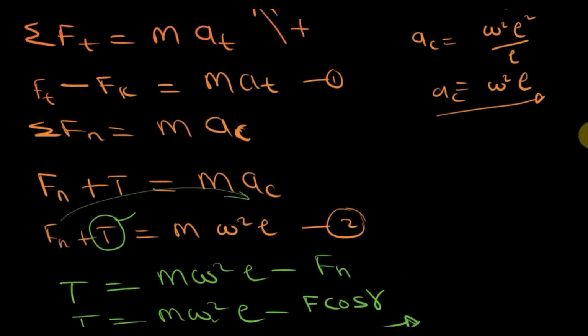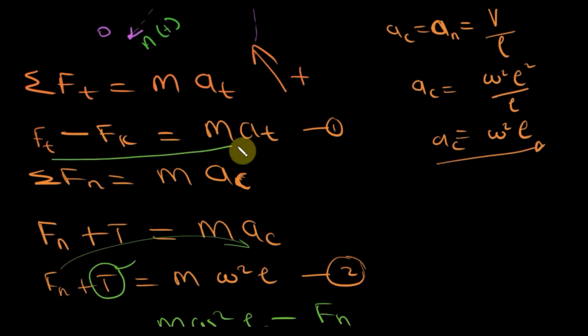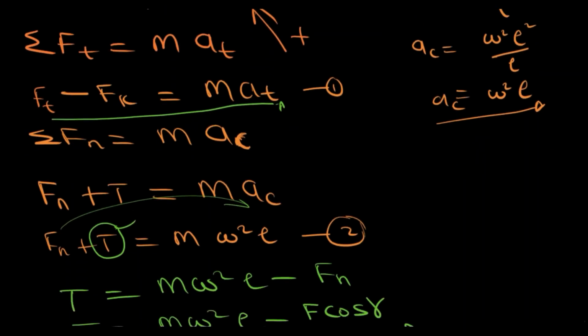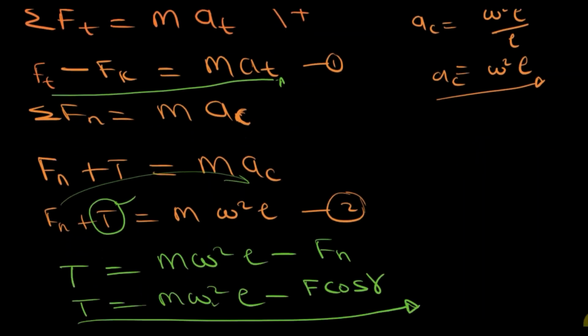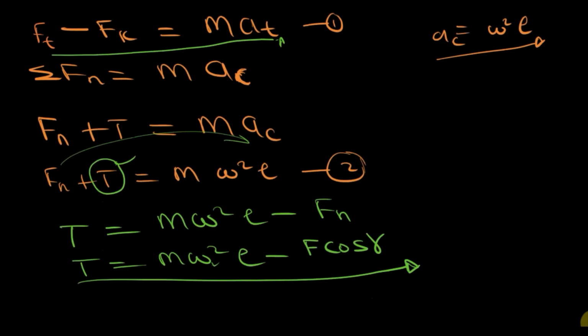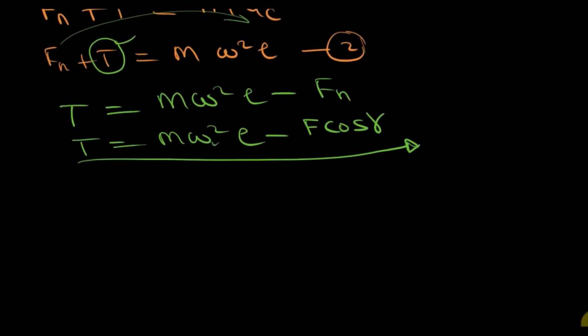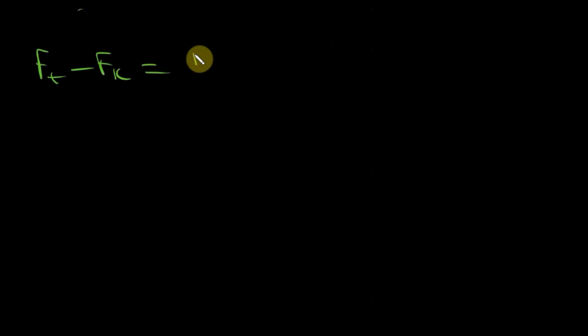So from equation 1, let's get our At, shall we? Yes. From equation 1, written as Ft minus Fk is equal to m At. This was equation 1.